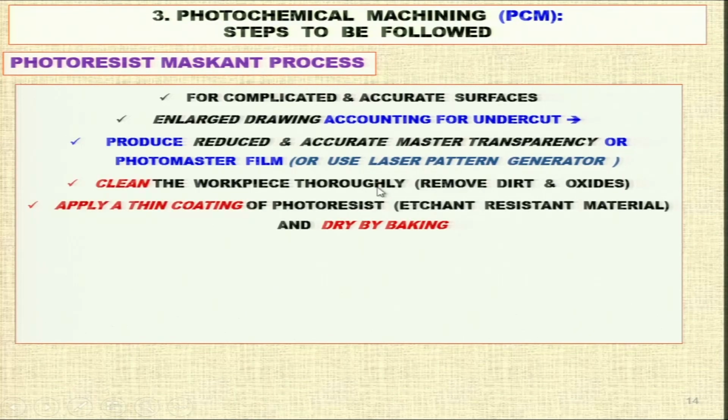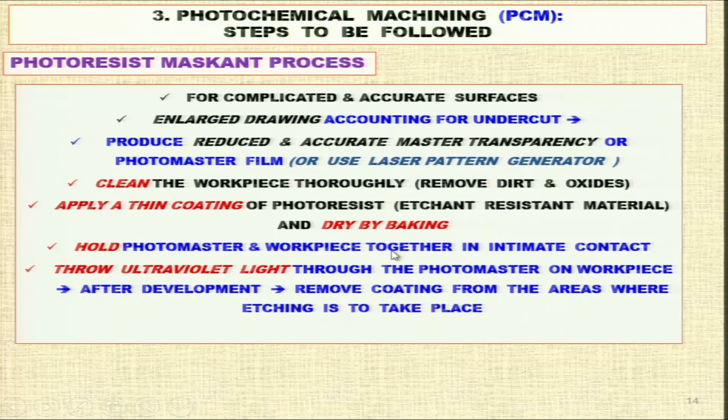Clean the workpiece thoroughly, remove dirt and oxides, apply a thin coating of photoresist. It is an agent resistant material which resists the agent, and dry by baking. Hold photomaster and workpiece together in intimate contact.